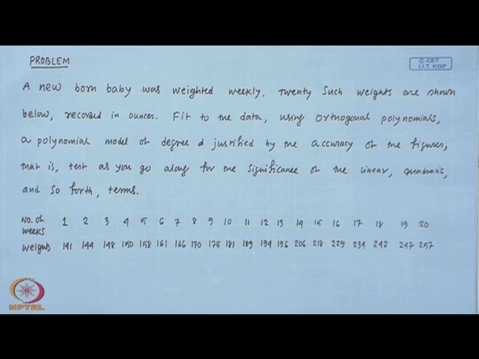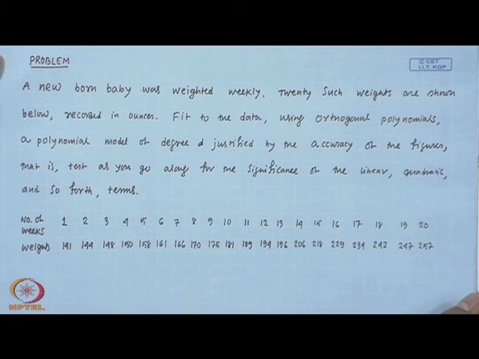This problem involves polynomial fitting using orthogonal polynomials. Here in this problem we will explain how to decide about the order of the polynomial.